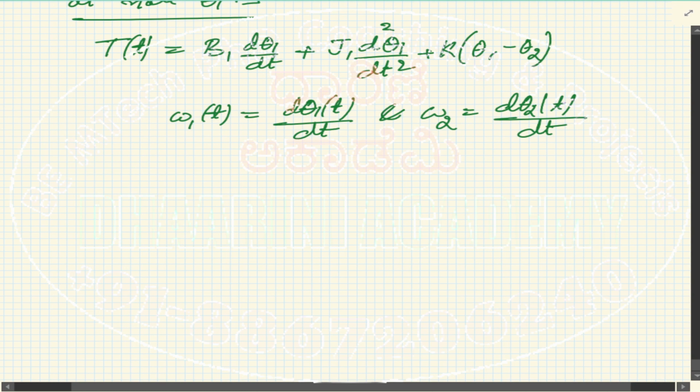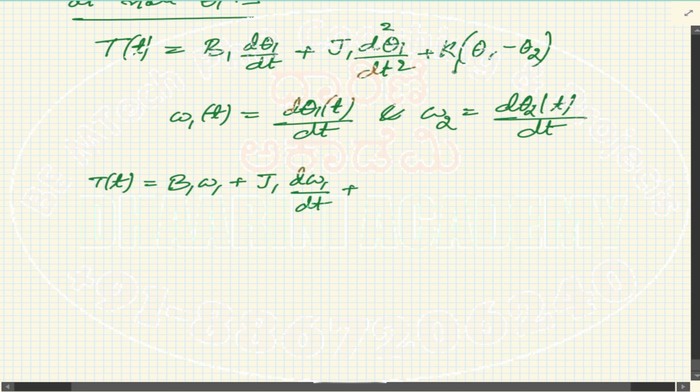Converting them into the required format after the substitution, it becomes equal to: left hand side is T, no change. On the right hand side we have B1 d theta 1 by dt, which is omega 1, plus J1 d square theta 1 by dt square, out of which d theta 1 by dt is omega 1, so this is a differentiation of omega, so d omega 1 by dt.